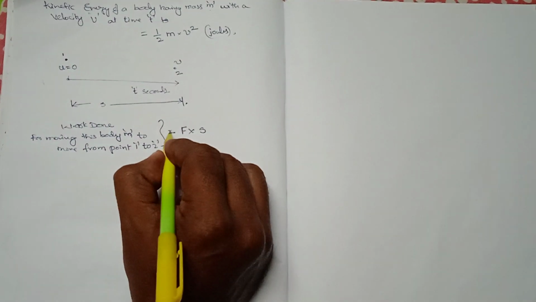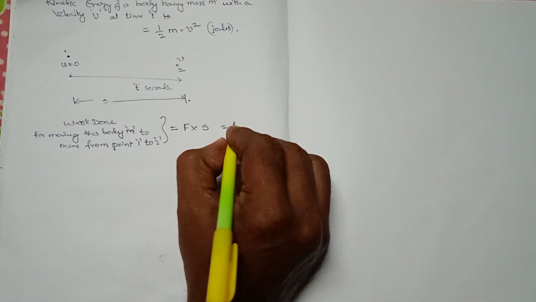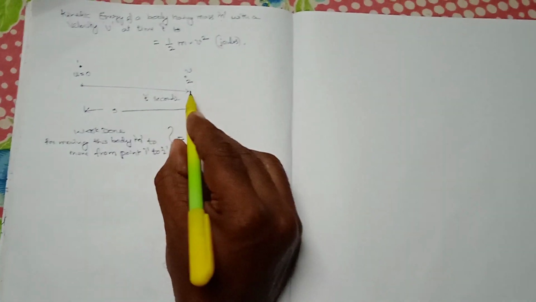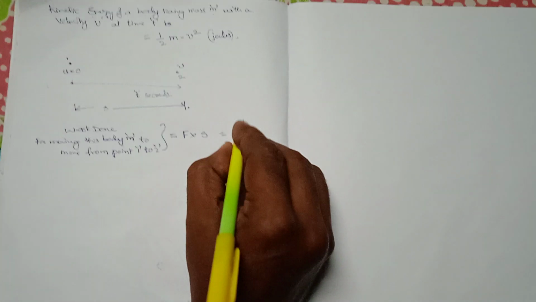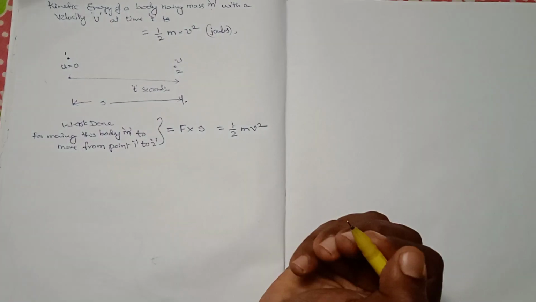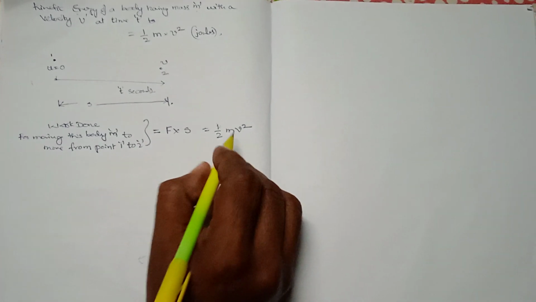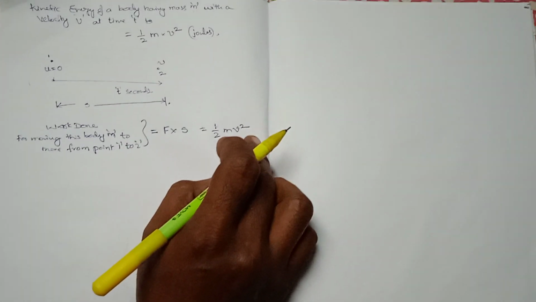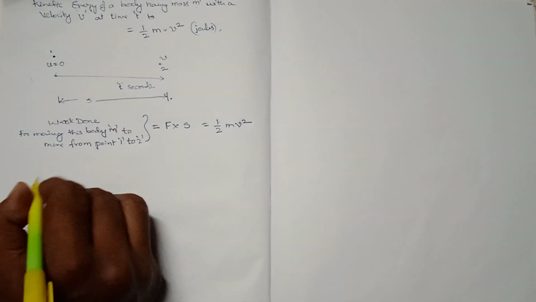Now, this is equal to the energy acquired by this mass at point 2 in t seconds, that is half mv square. You have to prove that force into distance is equal to half mv square in t seconds. Let us prove this.